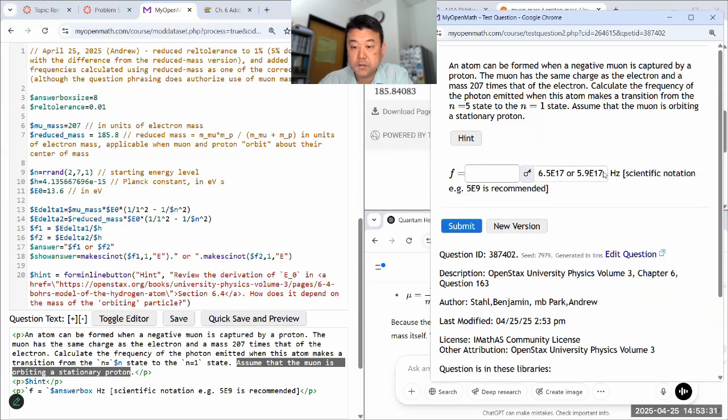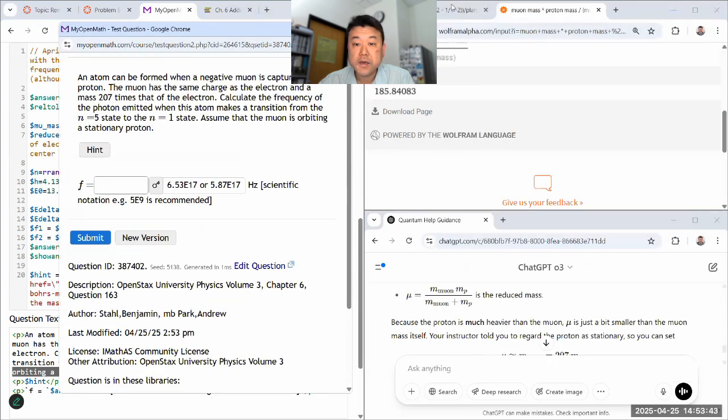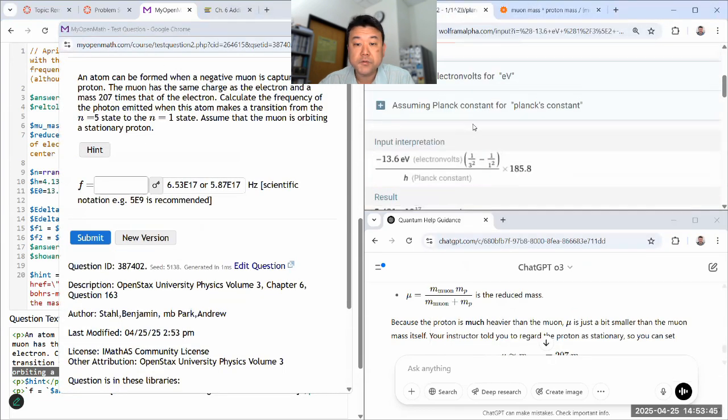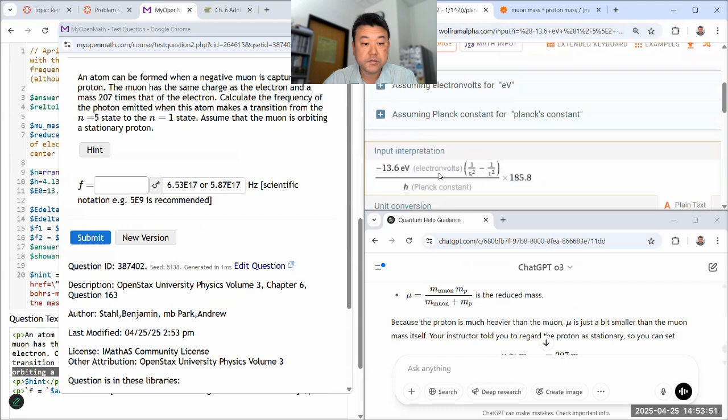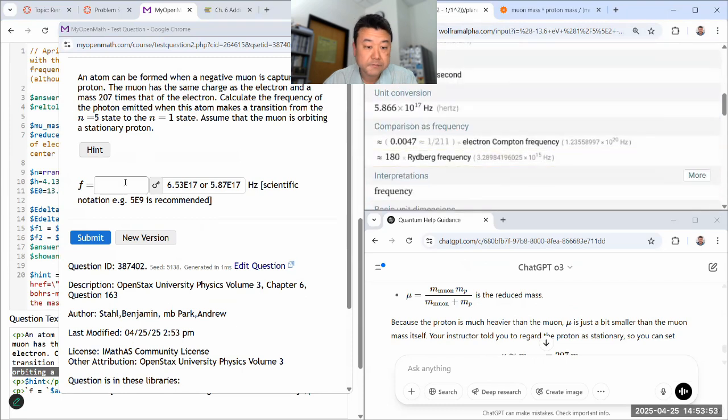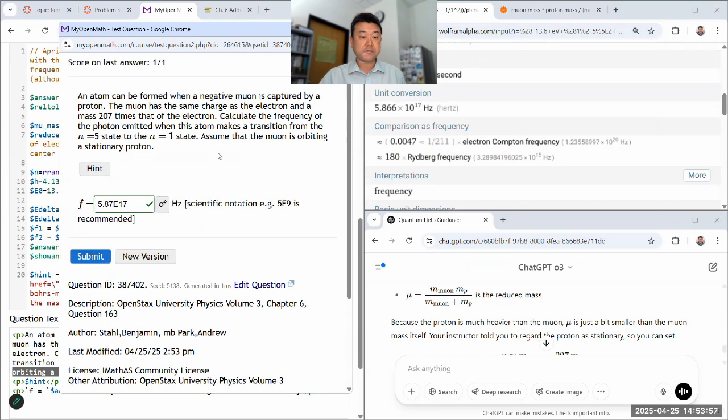The answer will be that. And yeah, with the version I had, if I put in 5, then that should be 5.87. Yeah, so 5.87, it'll grade it as correct.